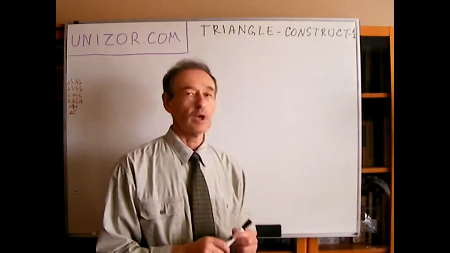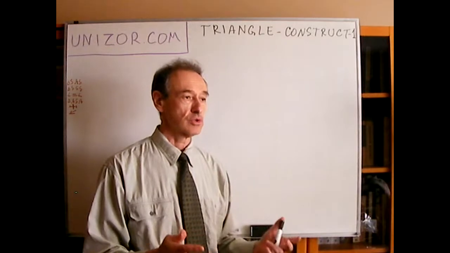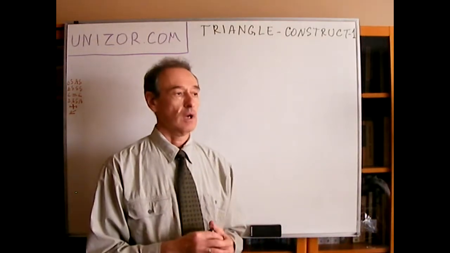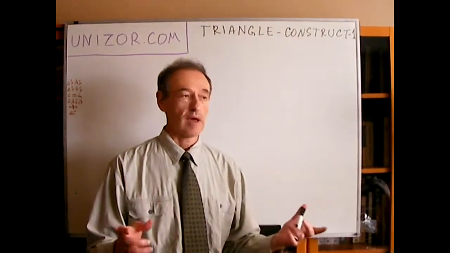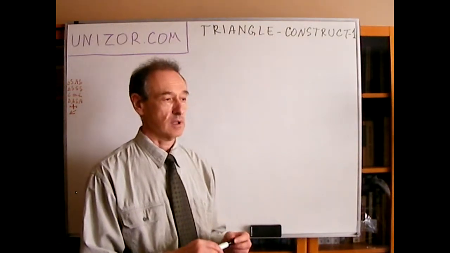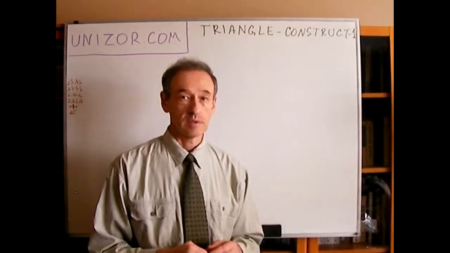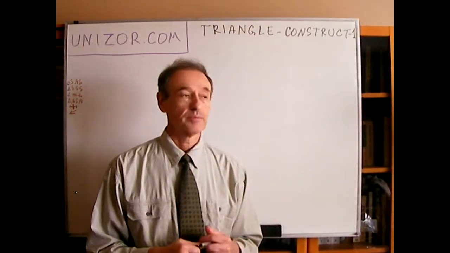Well, we all know that there is an axiom which says that if two different triangles have congruent pairs of sides and angle between them, then the triangles themselves are congruent.